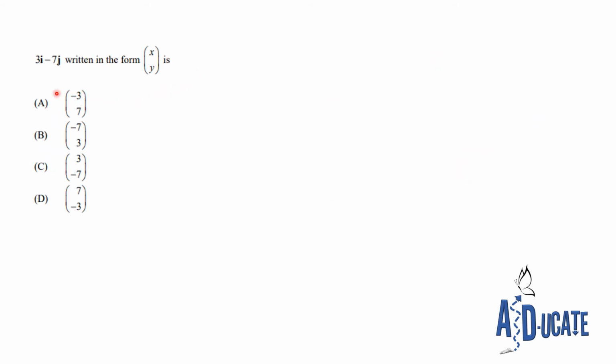For this question, you are given the unit vector notation and you are asked to write it in the column vector notation. So the long and short of this, if you want a quick fix, is to realize that the coefficient of vector i replaces the x in the column vector notation, and the coefficient for vector j replaces the y component in our column vector.